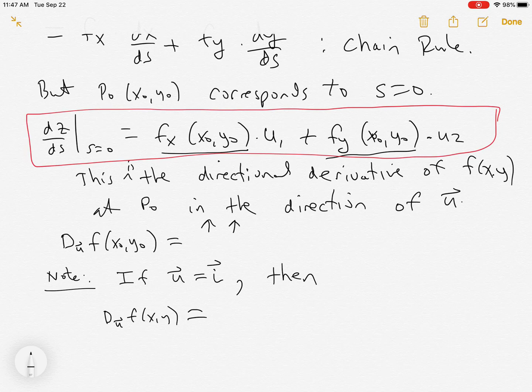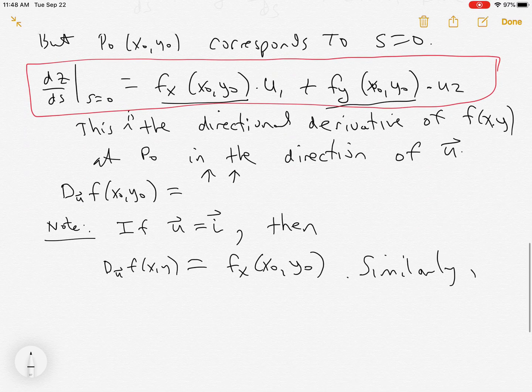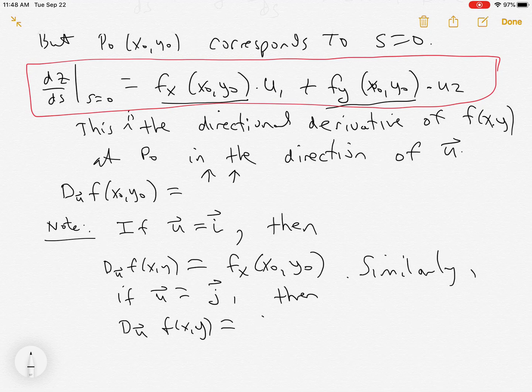Well, if you think about that for one whole second, you get that it's just the partial derivative at x naught, y naught, which is exactly what we said before, the derivative in the x direction. Similarly, if we consider u to be the vector j, then the directional derivative of f is just the y partial at a point.